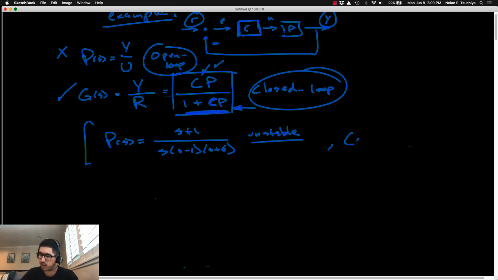The controller we're going to use, C of s, is just a constant value. It's just a gain. We call this a gain or proportional control because K is just a number: 1, 2, 3, 4, 5. Okay, and in this configuration, we're going to try and actually stabilize this unstable plant so that we get a stable closed loop response.